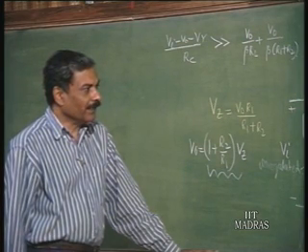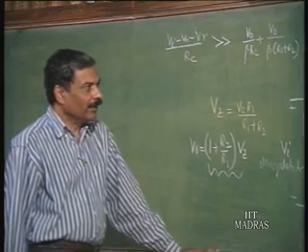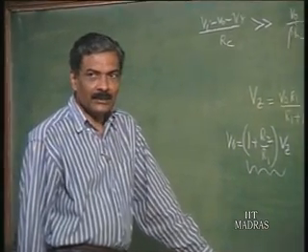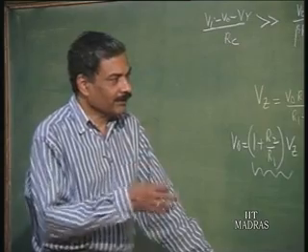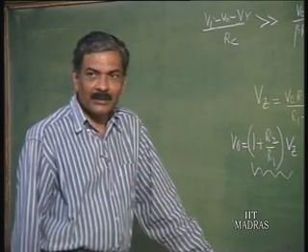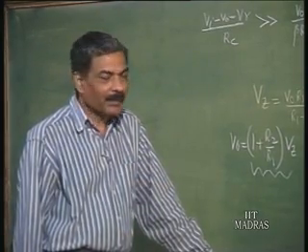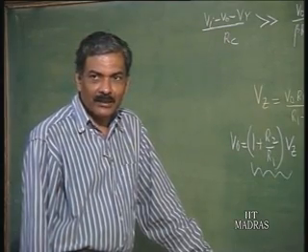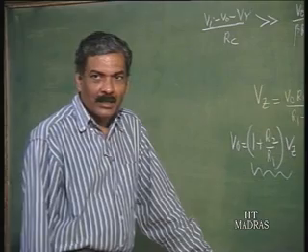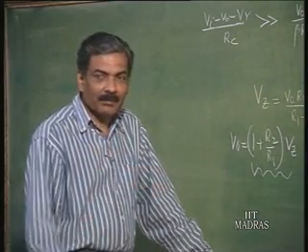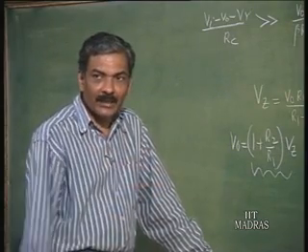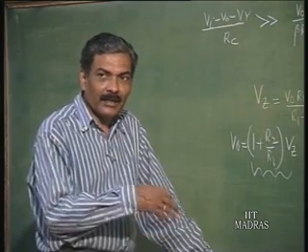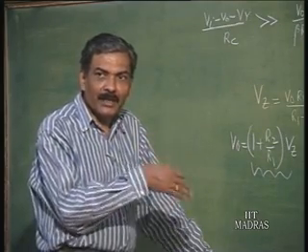And as far as the output impedance is concerned, since this is using an op amp in the negative feedback structure, it is much lower than the earlier output impedance, which was nothing but Re, and Re plus Rz by beta plus 1. Here it will be much lower than that, it will be lower than the earlier impedance by the loop gain.